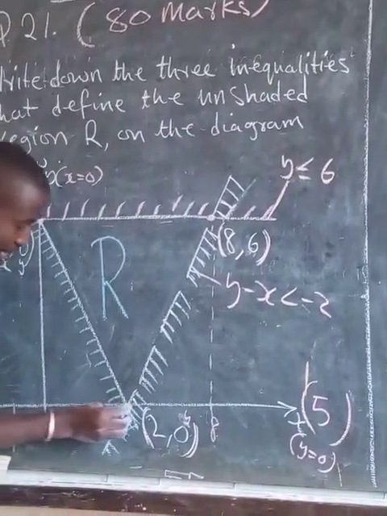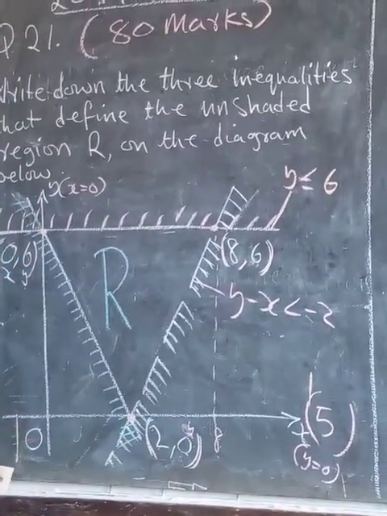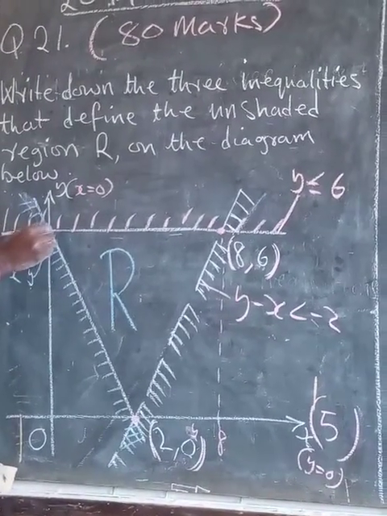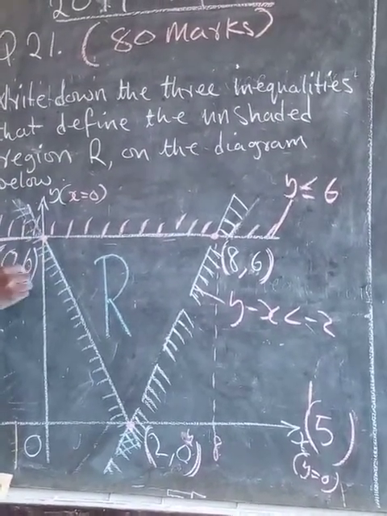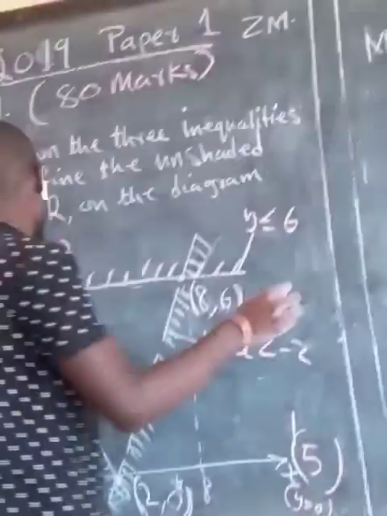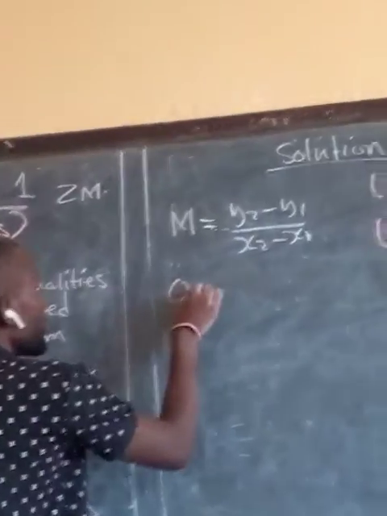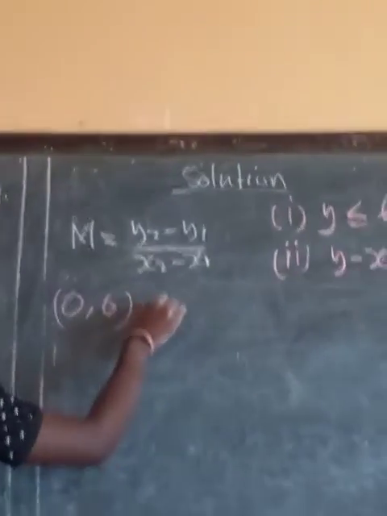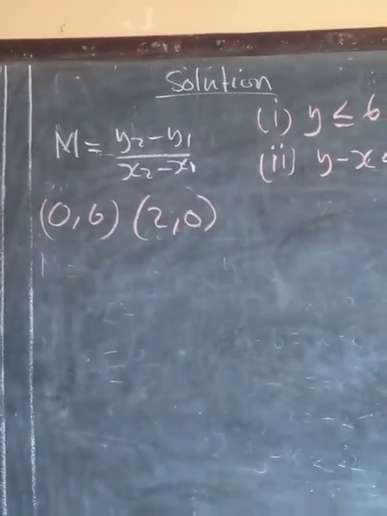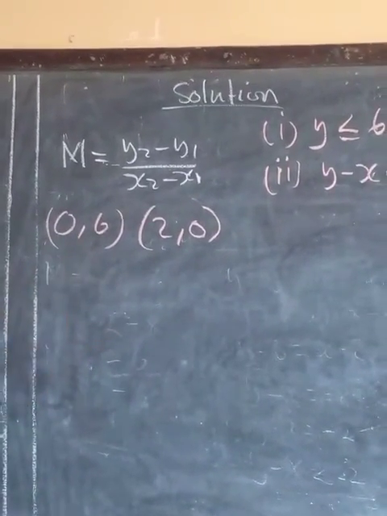So the coordinate here is 2, 0, and the coordinate here is x is 0 and y is 6. So 0, 6 and 2, 0. Those are the coordinates we use to find the gradient and the equation of a line.